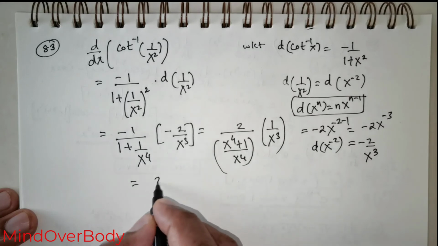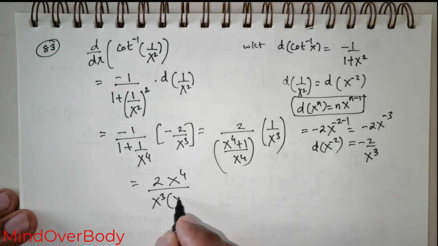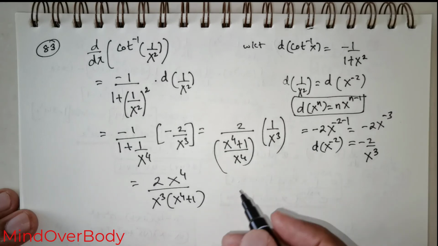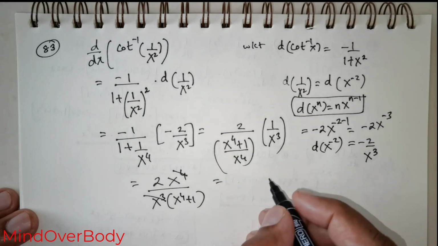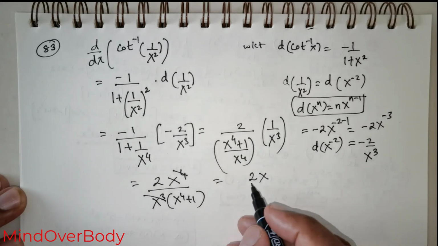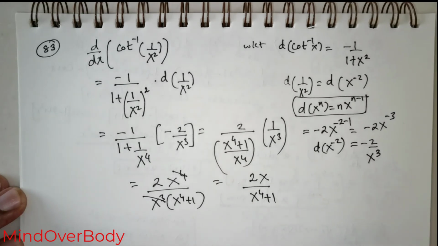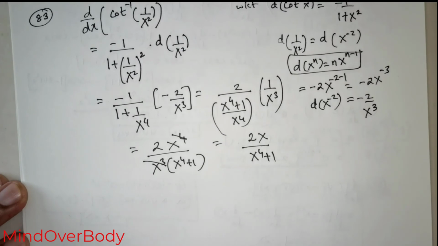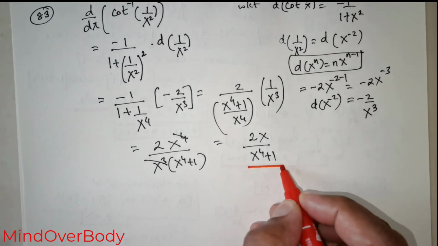When I flip it, this is 2 times x to the power of 4 divided by x cubed times x to the power of 4 plus 1. Clearly x cubed in the numerator and denominator can be removed. That gives 2 times x divided by x to the power of 4 plus 1, which is my solution to the question. So this is a good place for us to draw the red line.